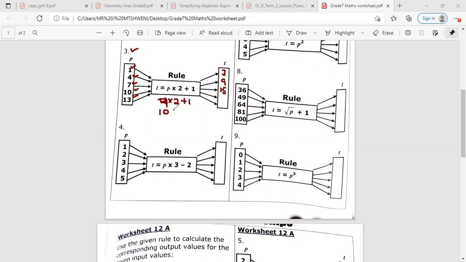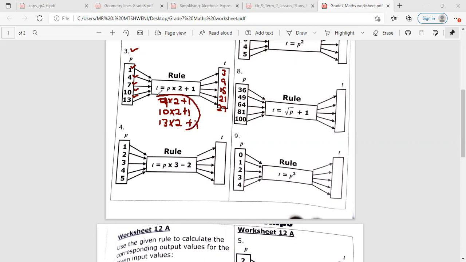What is 10 times 2 plus 1? 10 times 2 is 20 plus 1, we get 21. What is 13 times 2? 13 multiplied by 2 is 26 plus 1. What do you get? 27.